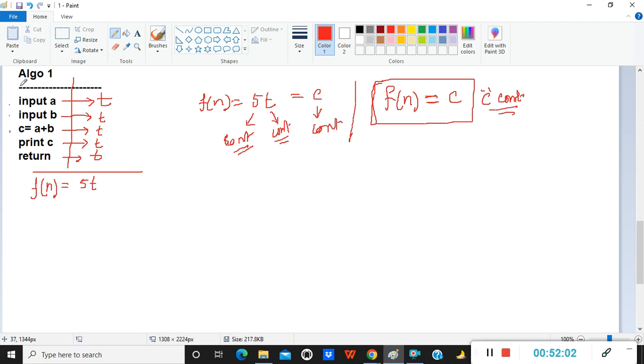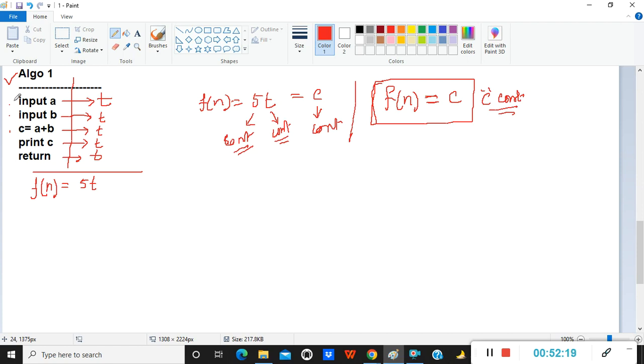Now, what type of algorithm is this? This is an algorithm where you are not finding any loop, any nested loop, and any recursive function call. It is a simple algorithm.